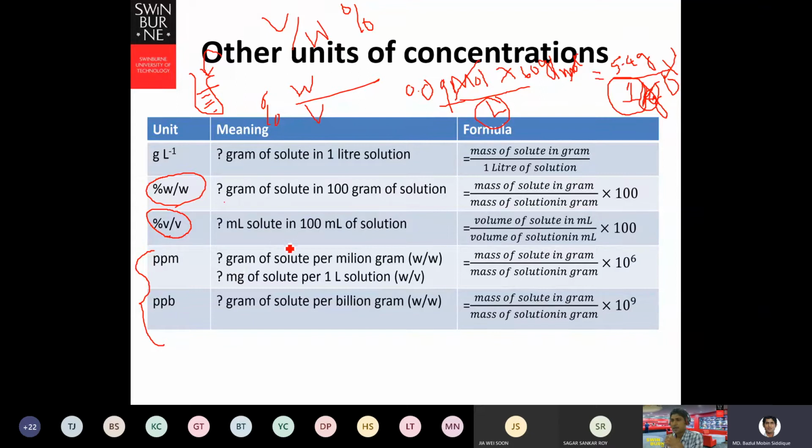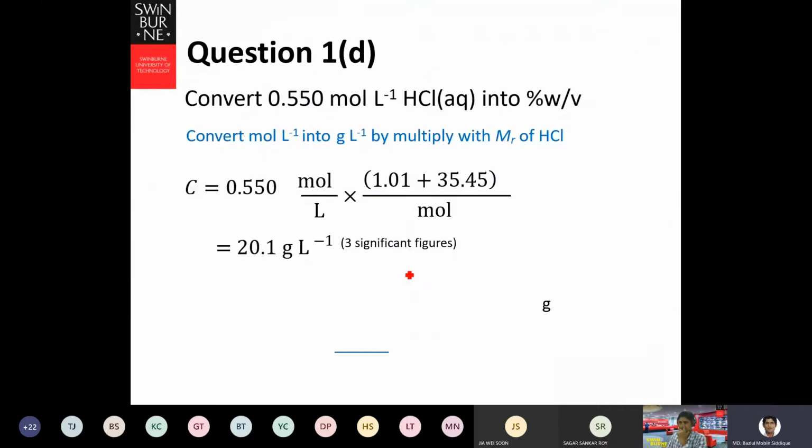So gram of solute per million gram of solvent, or milligram of the solute per 1 liter of water. ppb is even smaller, parts per billion: how many parts of that particle in a billion parts of other particles. We will not use these two for our calculations.